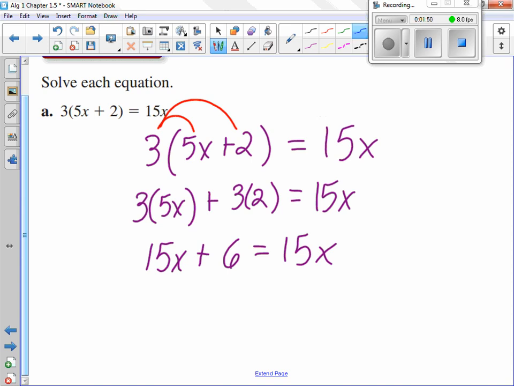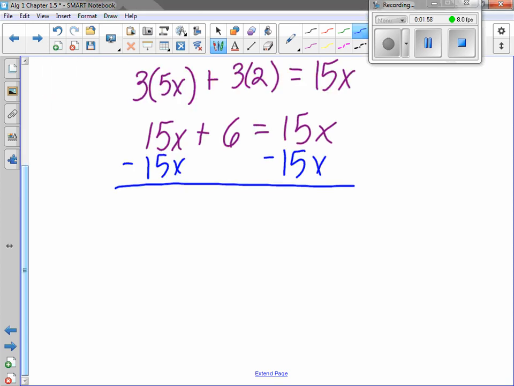We would subtract 15x from both sides. Well, 15x minus 15x is 0, so I have 6 equals 0.